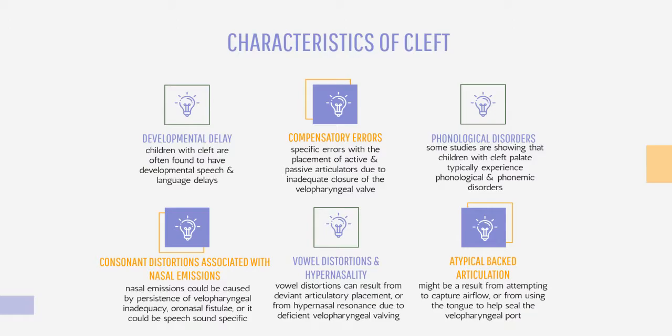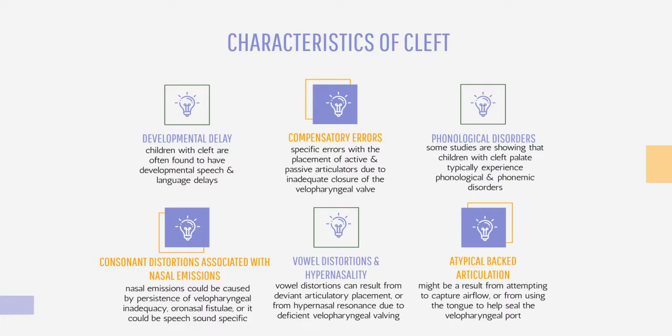That makes a little more sense when you look online at what the velopharyngeal valve is, but I'm not going to spend two hours explaining all that to you. Compensatory errors are just common. There are phonological disorders and phonemic disorders that typically accompany individuals with cleft palate.